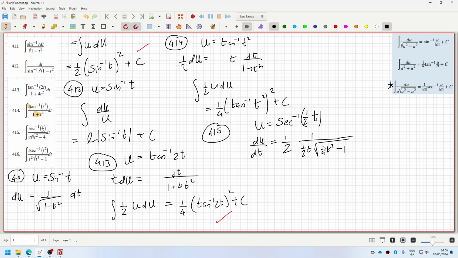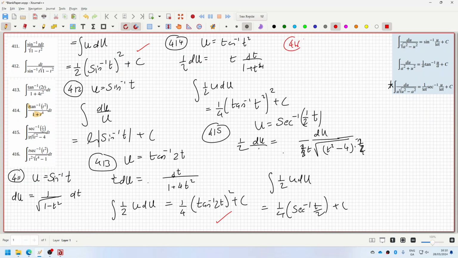So I can take the quarter out, and it'll be root a quarter, which is 1 over 2. A half times a half is a quarter, so that makes it 4 on the top. 4 divided by 2 is 2. So du is that. Or in other words, a half du is that. So it's integrating a half u du, which is a quarter u squared. There we go. Plus c.